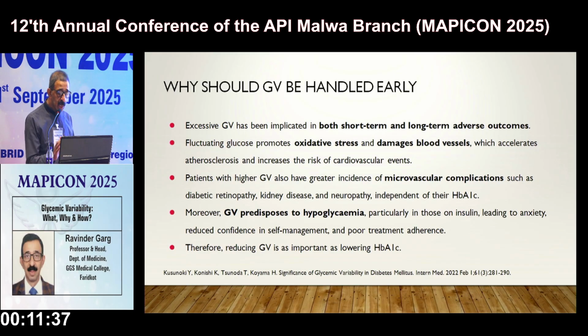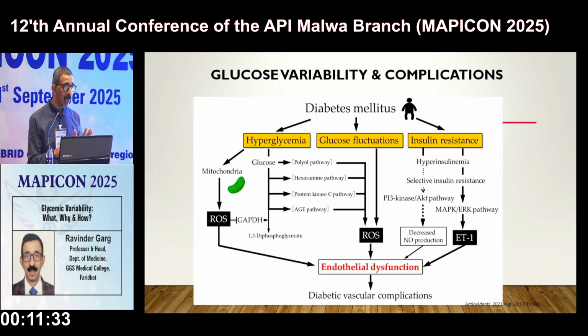So this is why we need to handle glycemic variability efficiently. If you look at any patient who has diabetes, there are three mechanisms by which there is vascular damage in the form of endothelial dysfunction. Hyperglycemia itself, insulin resistance. Now these two things we are managing very nicely.